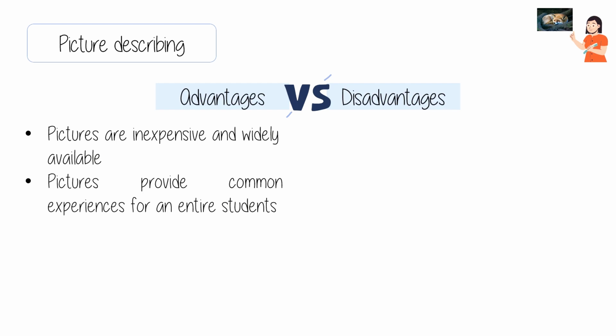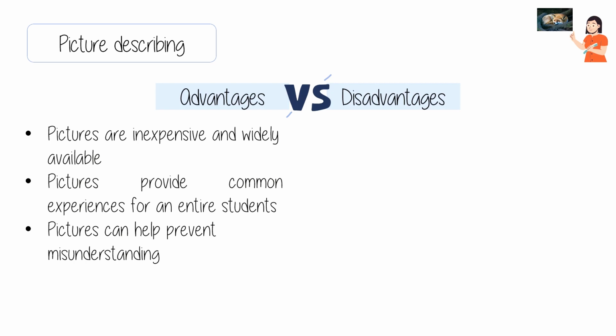The next advantage, pictures can help prevent misunderstanding. Pictures give a clear figure of an object or a sequence of events, and make students less likely to misunderstand something that is said by the teacher.